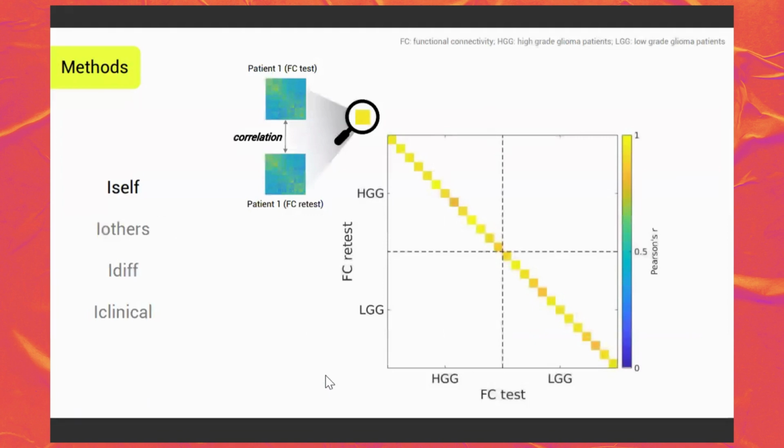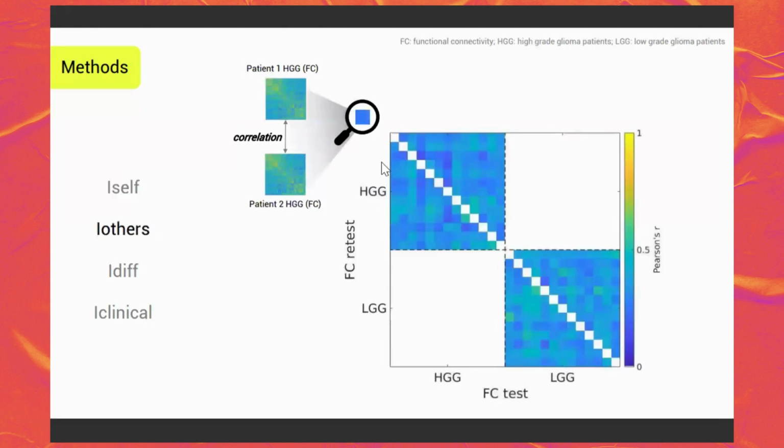Then four fingerprinting metrics were computed. First is I-self, which is the correlation between each patient's functional connectivity profile and his own connectivity profile across test and retest sessions. Then I-others is the correlation between each patient's functional connectivity profile and that of other patients belonging to the same clinical population.